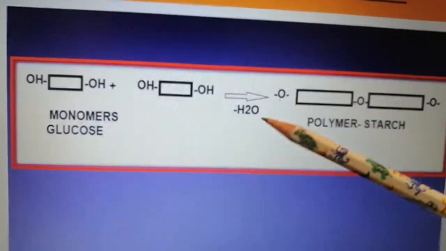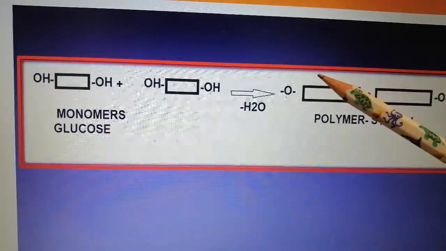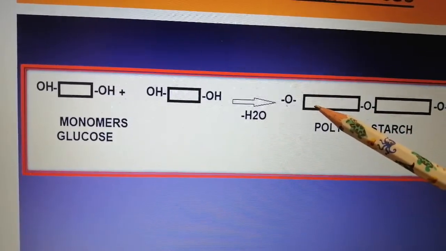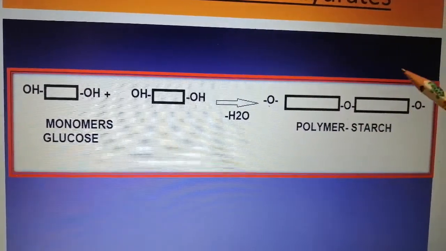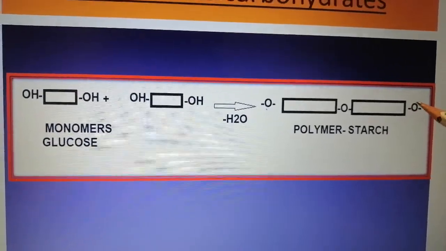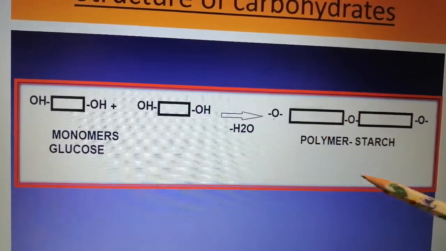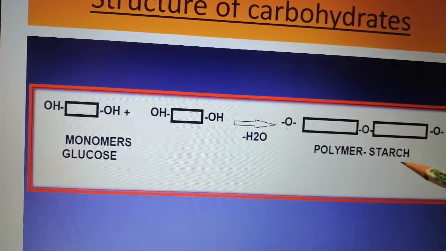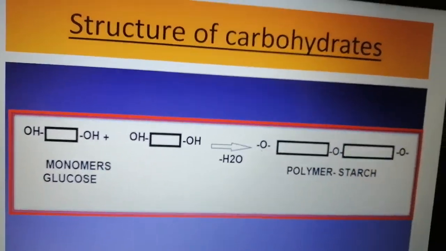You have to imagine it in your mind like that. Or if you don't write it here, it is also correct. So this is the structure of starch or carbohydrate.